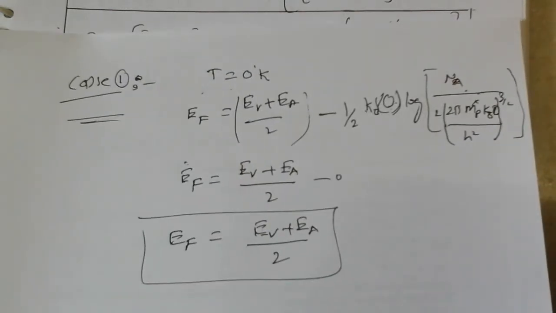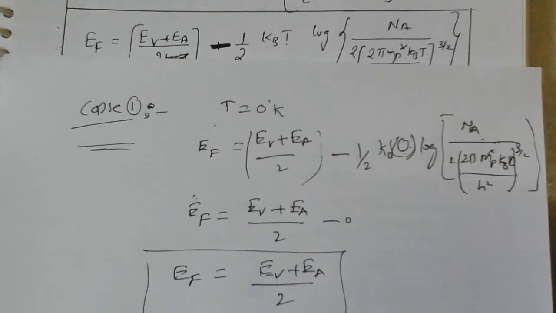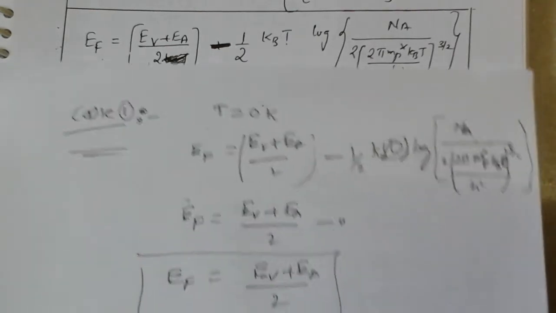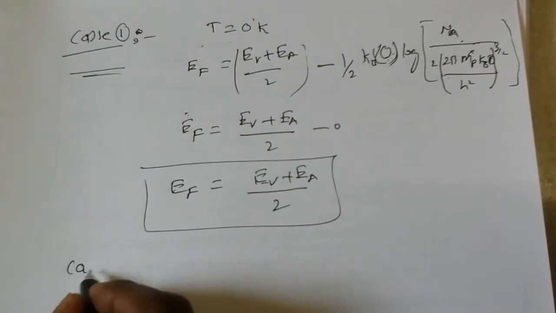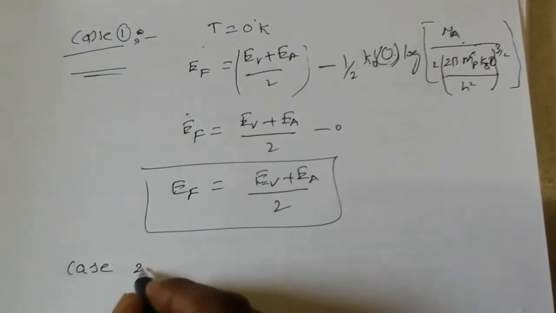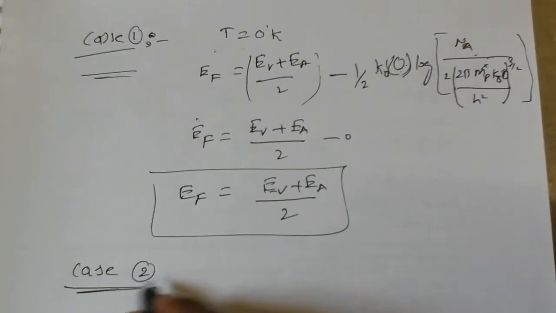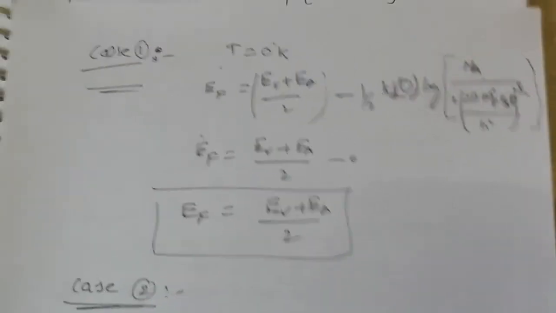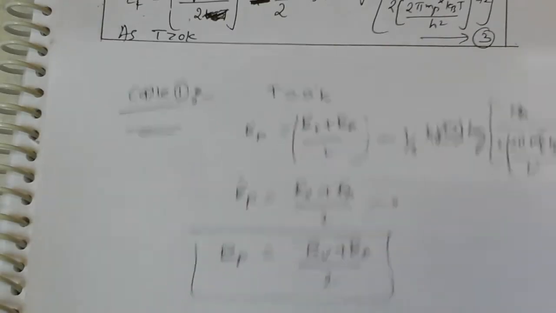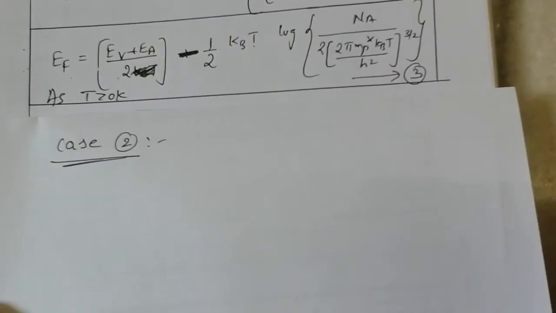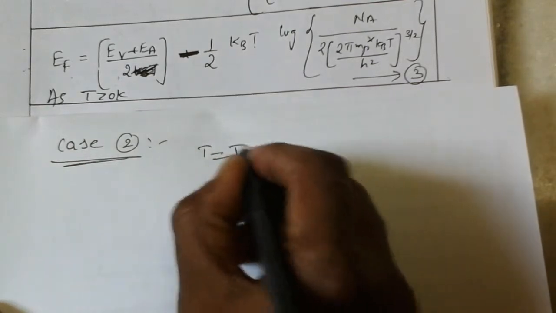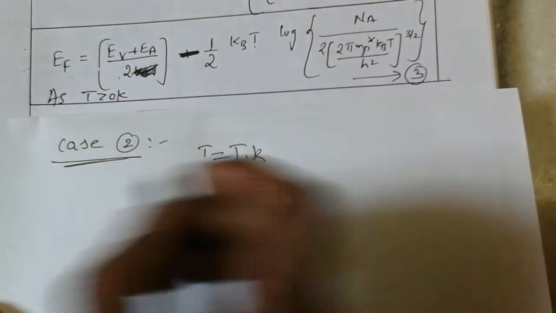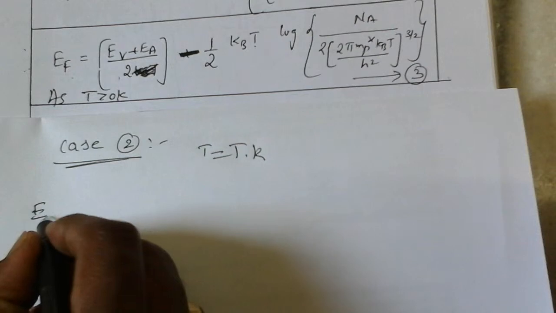Now we are writing case 2. In case 2 we are writing the same value as it is. T is equal to T Kelvin. Then what happens?